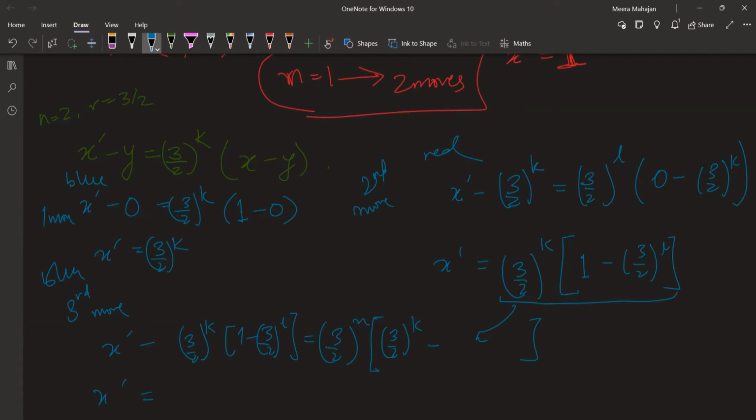Which gives x prime is 3 over 2 to the power n times 3 over 2 to the power k plus n, and it is already getting weird, plus 3 over 2 to the power k times 1 minus 3 over 2 to the power n.